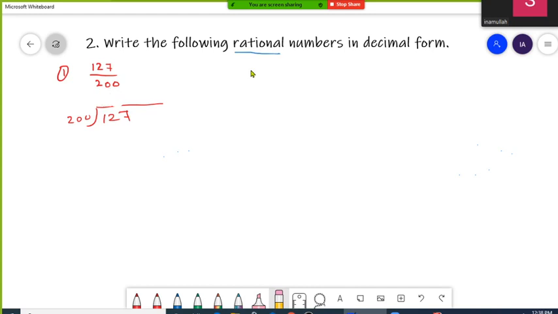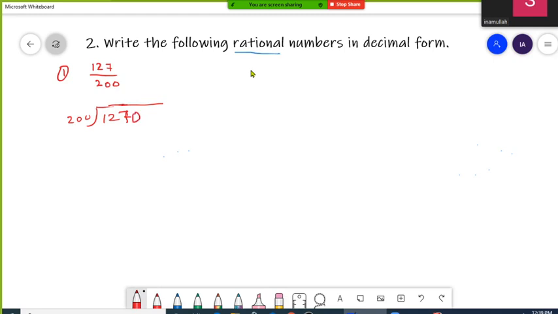Instead of taking this 0 here, the other way to do it, which will be easier: since we cannot divide 127 by 200, simply take 0 point and subtract it by 0. Here you can take 3 more 0s. There are different ways, so whichever way you like you can use. Here I am using the simple division method which we have studied in lower classes.